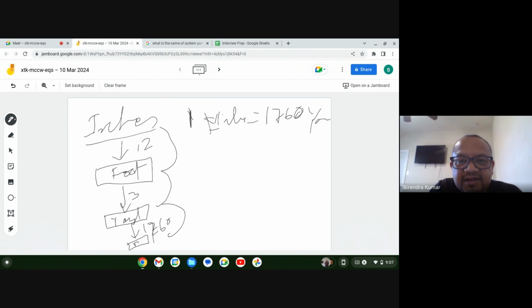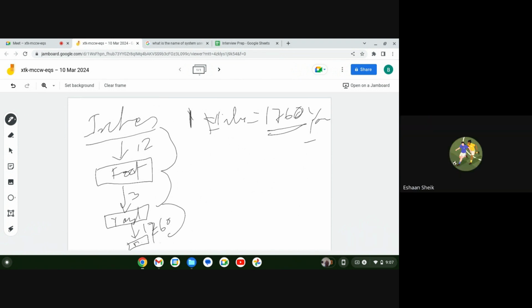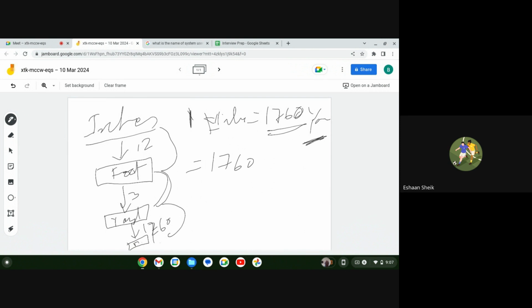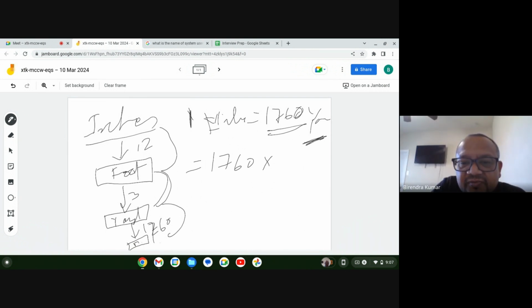Now we know 1 yard is 3 foot. If I'm converting this to feet, one foot, many feet. So 1760 into 3 gives this many feet, because I converted yards to feet.